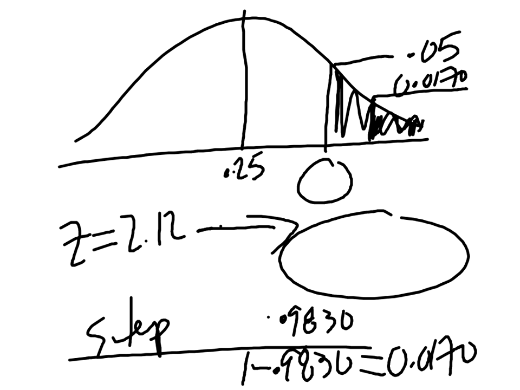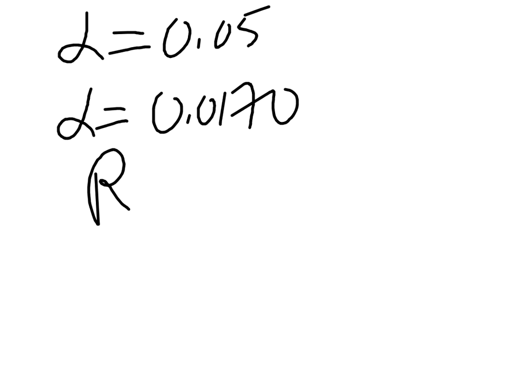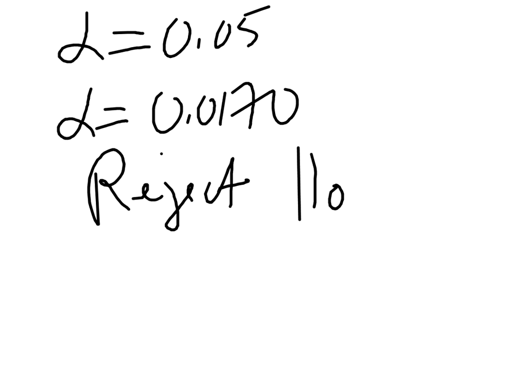Maybe a better way to compare these: our original alpha for our right-tailed test was 0.05. The p-value that we came up with is 0.0170. And clearly 0.0170 is less than 0.05, so that tells us there is enough evidence based on the areas in the tail to reject the null hypothesis.